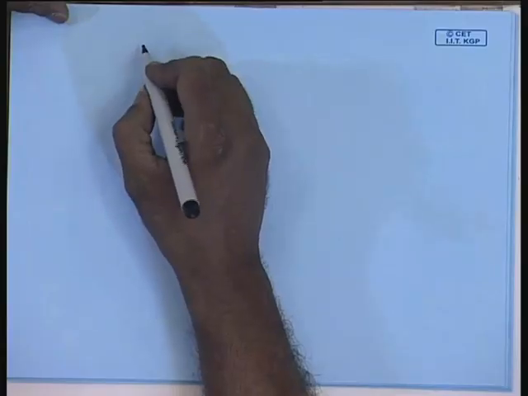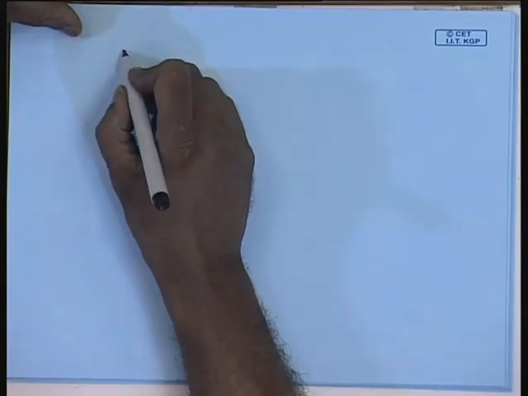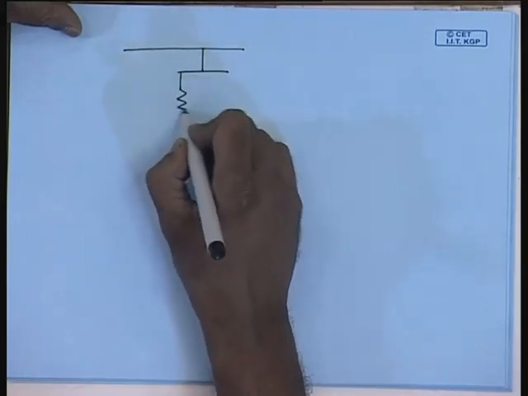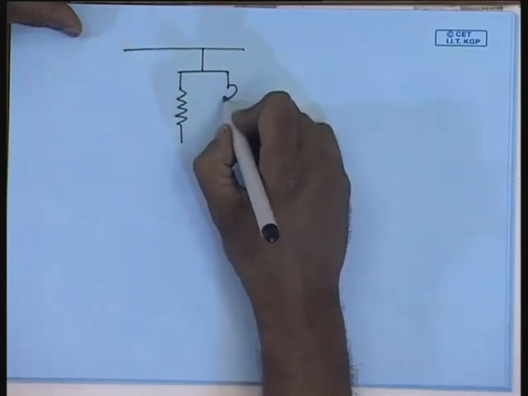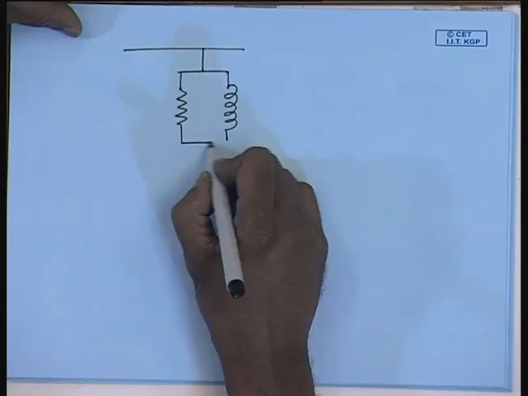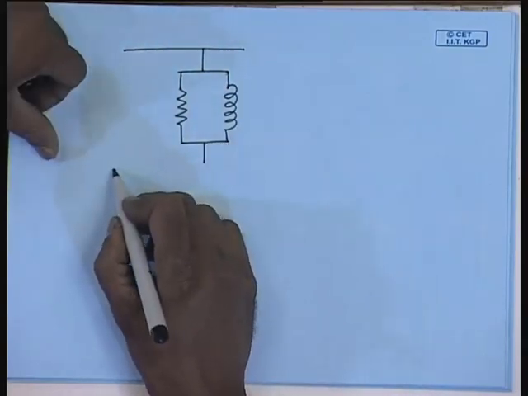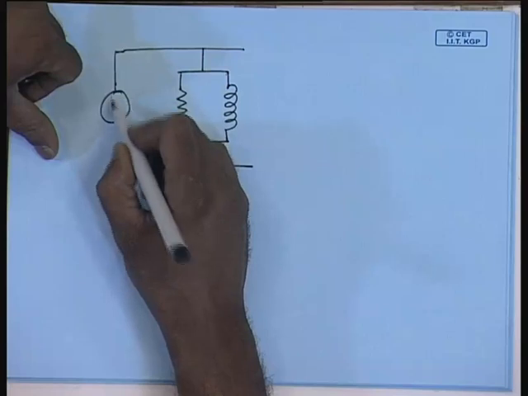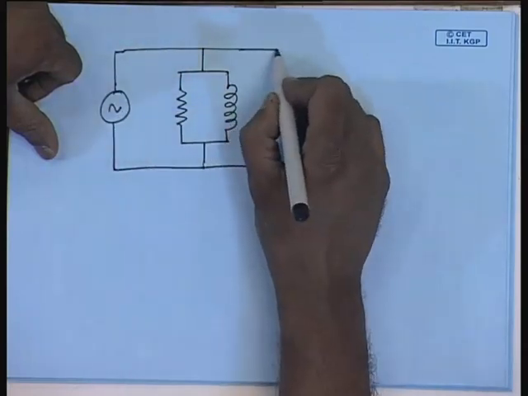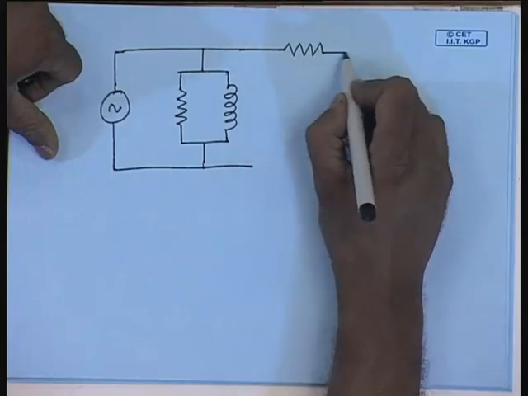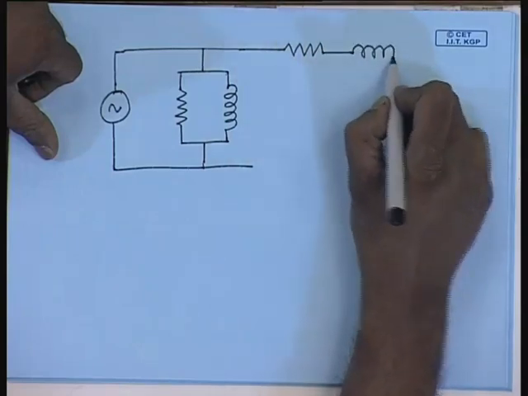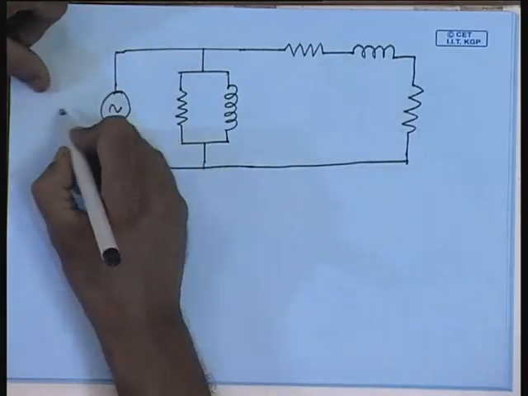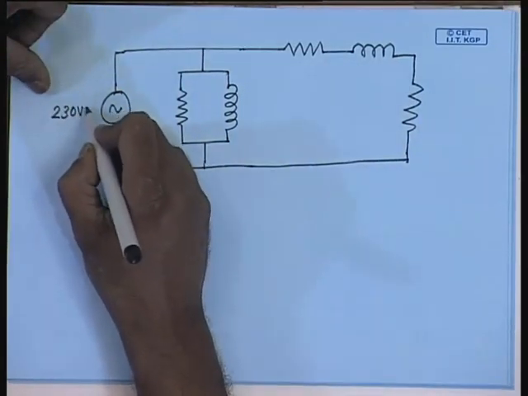So, the approximate equivalent circuit for the earlier problem will be this. This is 230 volt, angle 0 degree.